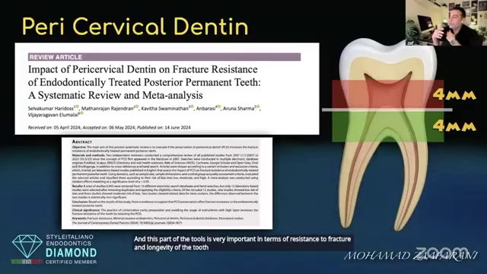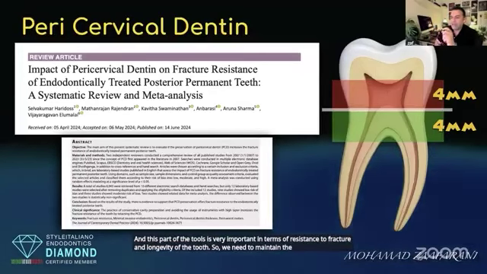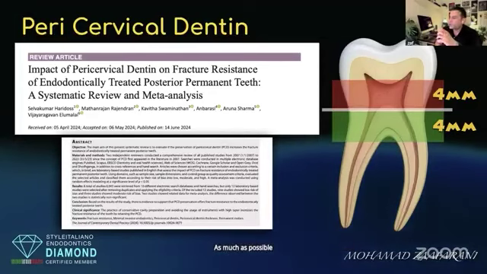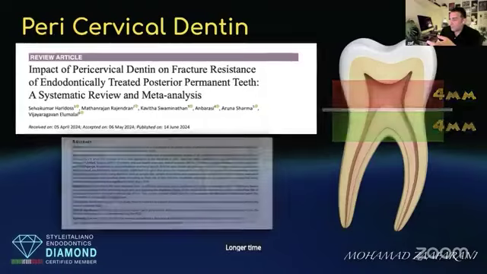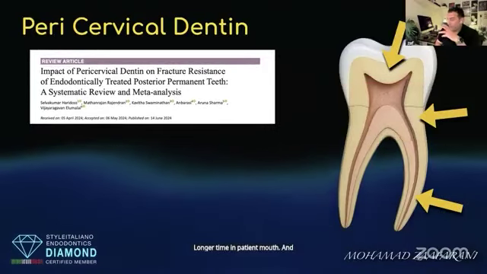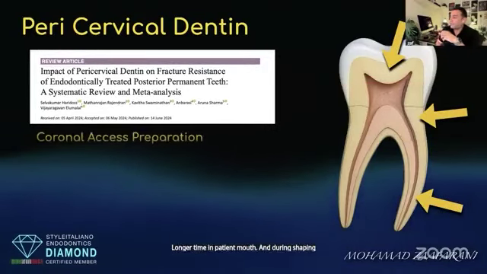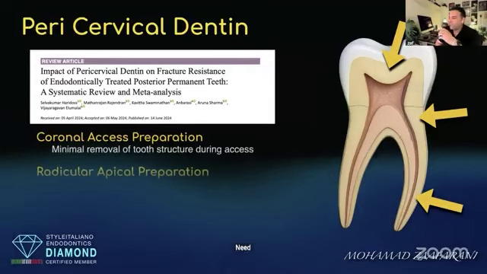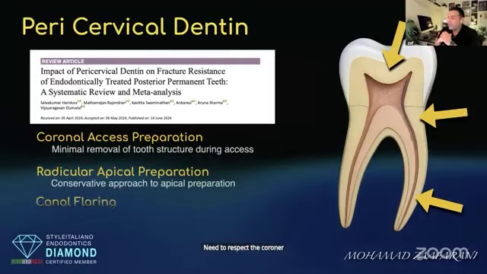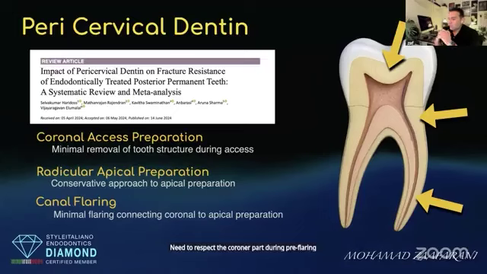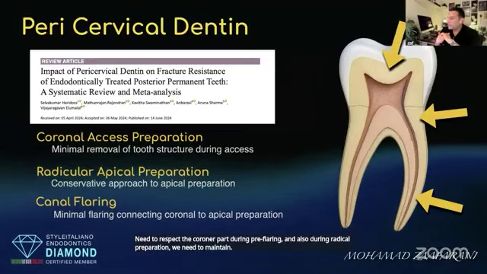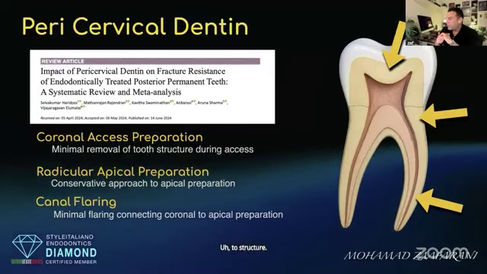So we need to keep the tooth as thick as possible at this part so we can ensure a longer time in the patient's mouth. During shaping, our files need to respect the coronal part during pre-flaring, and also during radicular preparation, we need to maintain tooth structure as much as possible.